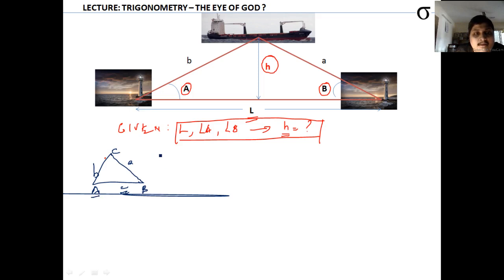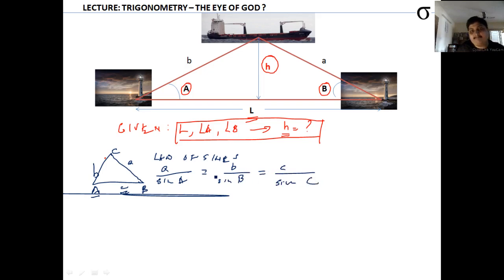Okay. So the law of sines says that a divided by sine A is equal to b divided by sine B is equal to c divided by sine C. So this is really a fundamental trigonometric law that we are going to use.